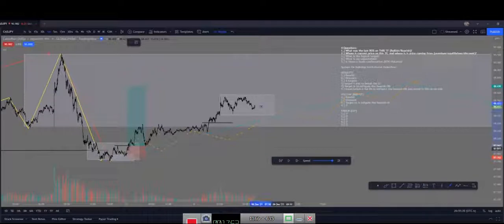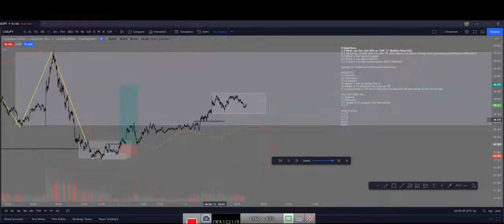So I wanted to go from here to distribute and then go down. So if it does break this, I kind of am going to. But I'll leave it here for the sake of it. Normally I would put the stop loss here because if it does, I'm expecting to short it. You know what I'm saying?